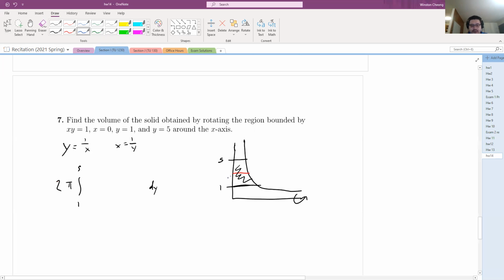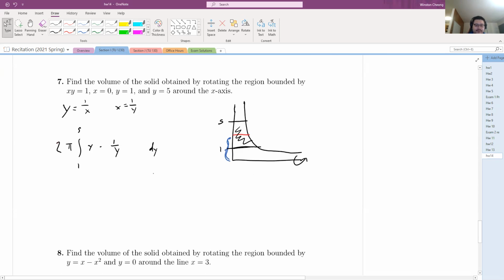Our radius is just going to be the y value, which I've tried to draw in blue. It's just going to be whatever that length is. So that's the radius function, and then multiply by the height function. Well, what would be the height function here? It's just going to be the length of the thing in red, which is governed by the equation of this hyperbola. So it's just the 1 over y. So we would multiply it by just 1 over y.